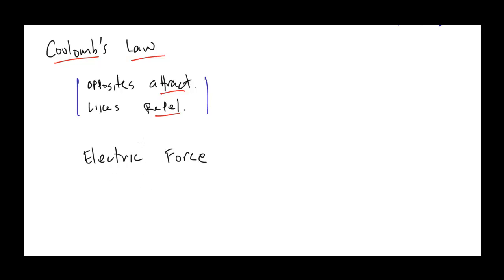It's a very strong force, much, much stronger than gravity, and you can calculate the electric force between two charges using Coulomb's law, which is this old equation that we have seen before. The electric force is equal to the electric constant K times the two charges, Q1 and Q2, divided by the radial distance between them, R squared.